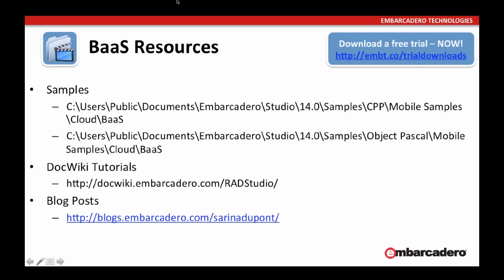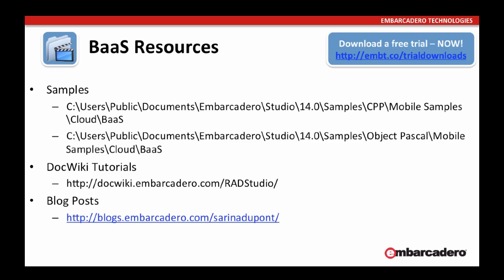So let's summarize what we covered today and some of the resources that we have available for you to help you get started building BaaS-enabled applications. So for the samples, you can access both the C++ and Object Pascal samples in the samples directory that ships with the product. There's a BaaS to-do list demo in both of those folders available.